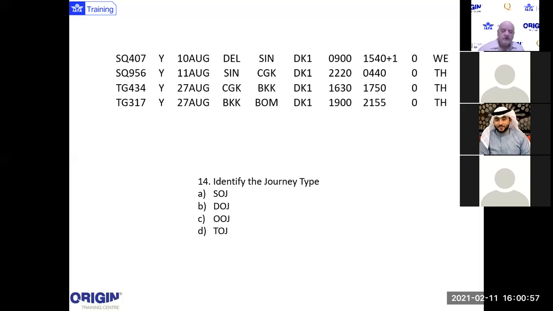The open jaw is in the origin country, isn't it? Yes. So origin open jaw tells me there's one open jaw, i.e. a single, and it tells me where this open jaw is. So which is the most precise description? Single or origin open jaw?